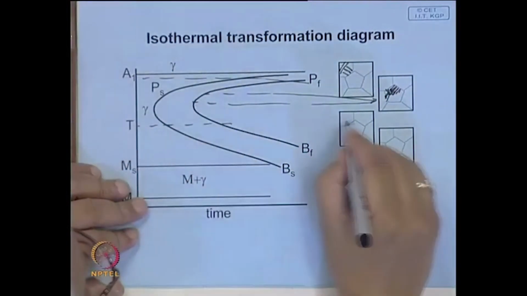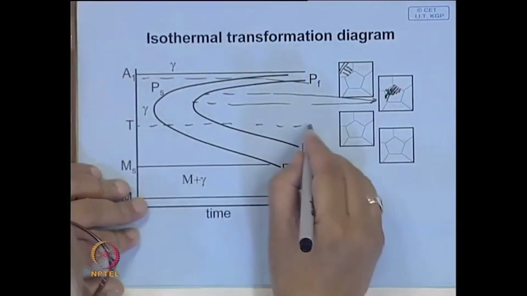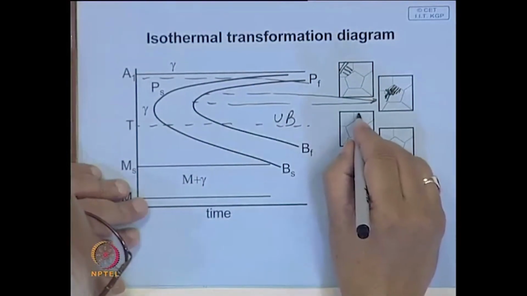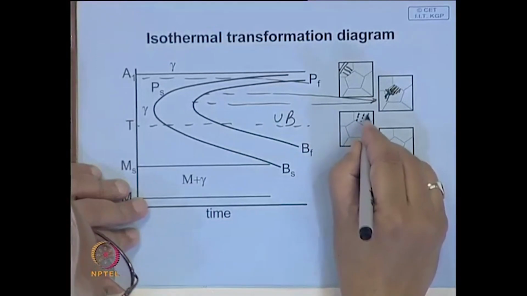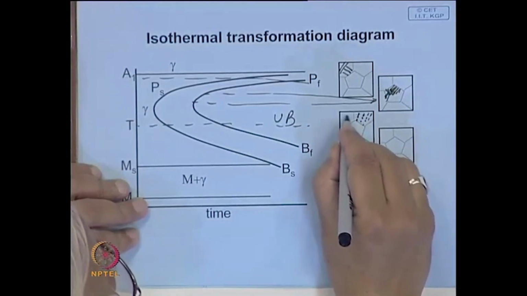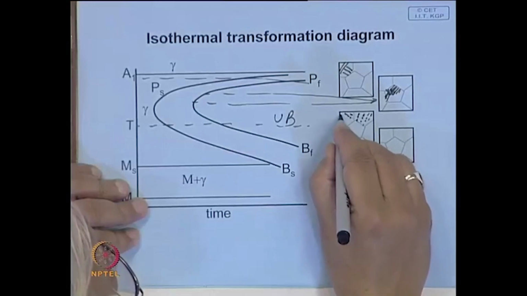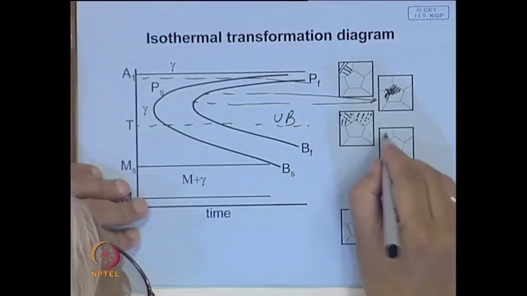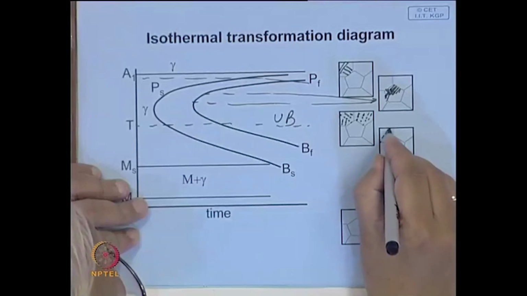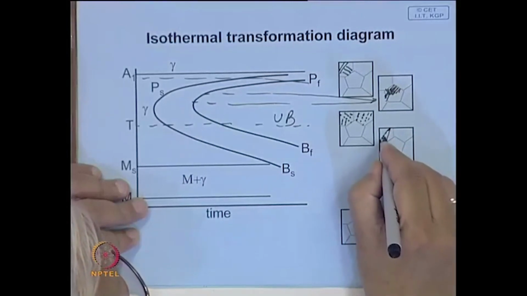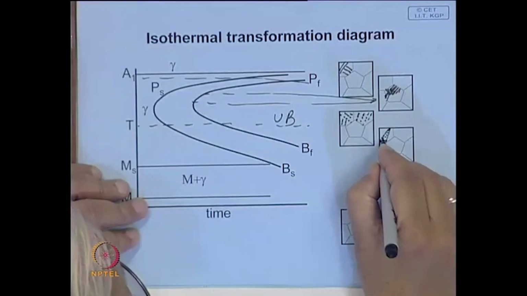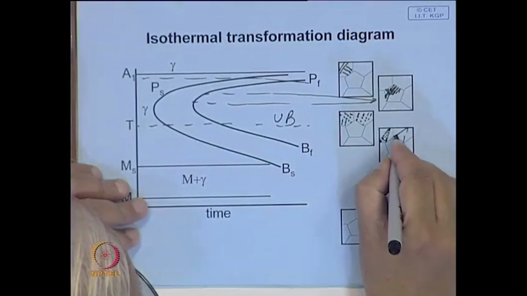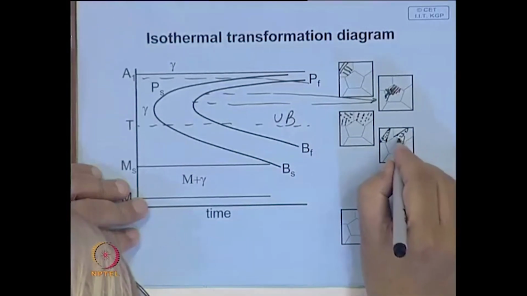Similarly, in this bainitic region, if it is upper bainite, which is feathery, you have broken cementite platelets, and here you have an acicular, needle-like structure, and within this needle you have very fine epsilon carbide.